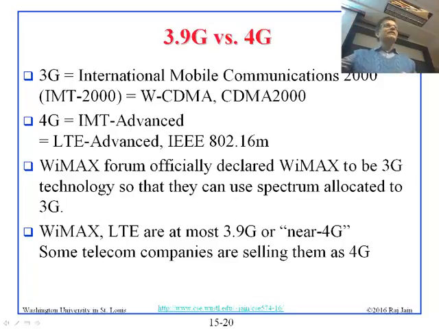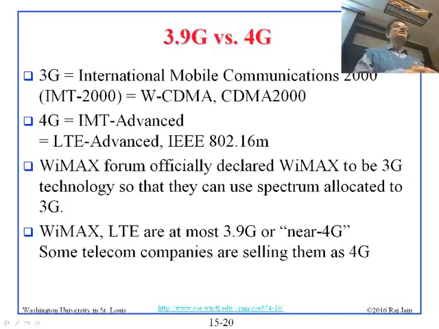It will have 100 megabits and 1 gigabit per second to the user. Right? And WiMAX did not meet it. So they said, well, you cannot be 4G. And the second problem was that there was no spectrum. Every country gives a spectrum, and they say, okay, this spectrum is for 2G, this spectrum is for 3G, and so on and so forth, right?